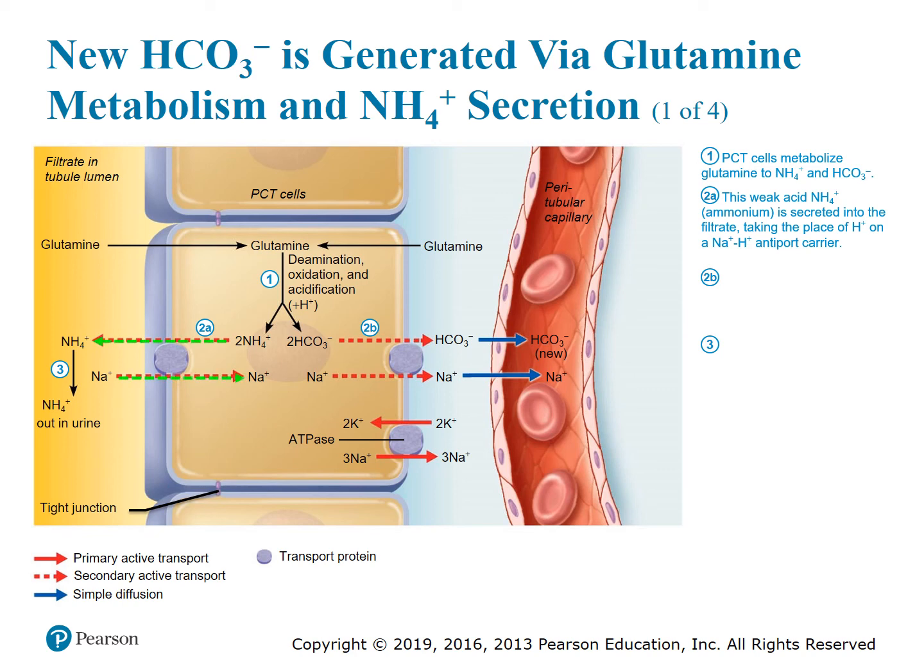You see it moving here, sodium in, ammonia out. Now for NH4, each one that you secrete, a bicarbonate ion enters the peritubular capillary by that symport carrier, so you can see with those dashed arrows that it moves in the same direction as sodium. Now in the meantime, the NH4 gets excreted out in the urine.